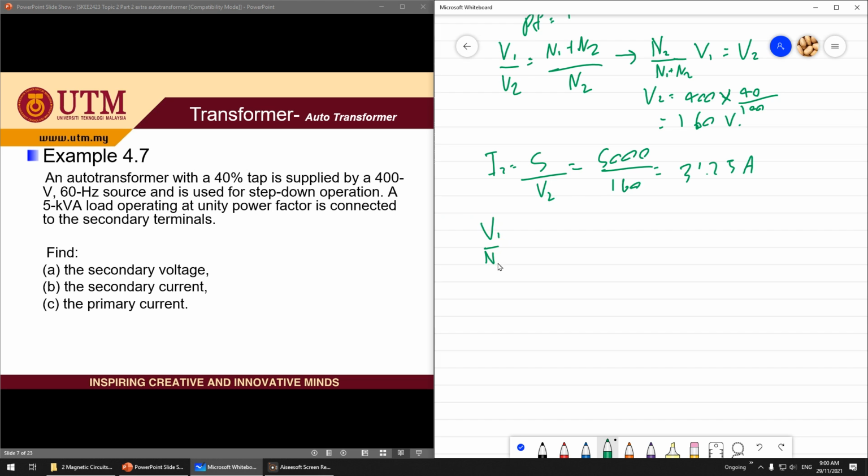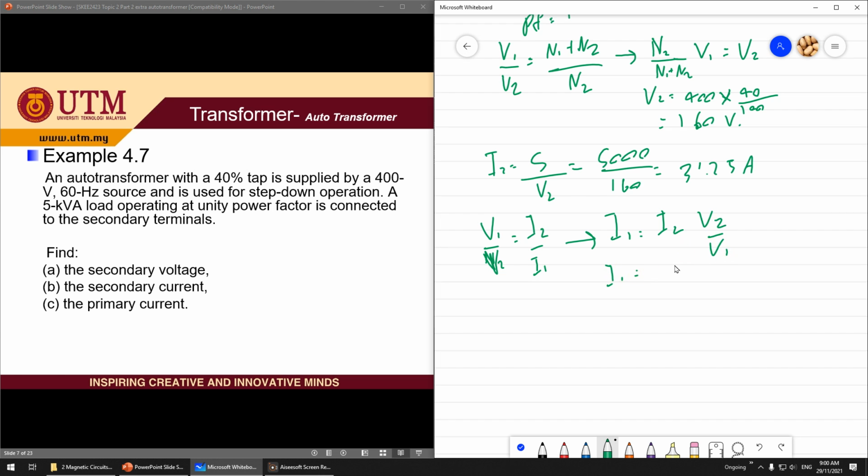So I1, you just refer back to the formula. V1 divided by V2 equals I2 divided by I1. From this you get I1 equals I2 times V2 divided by V1.